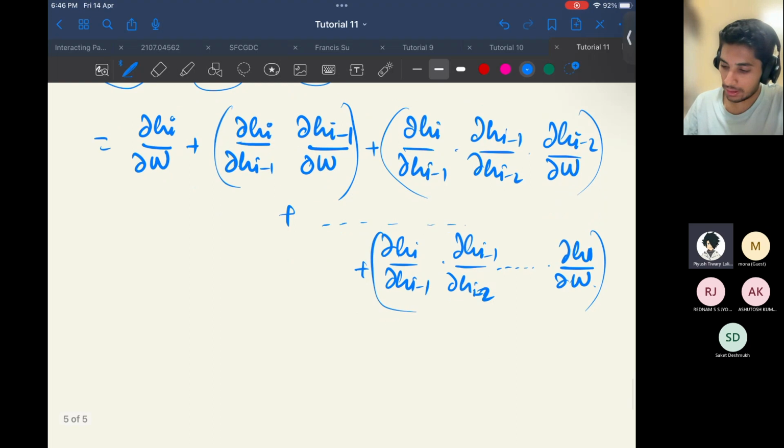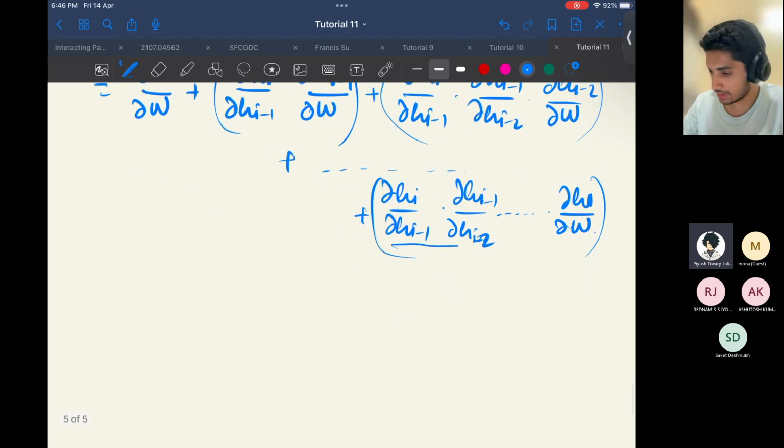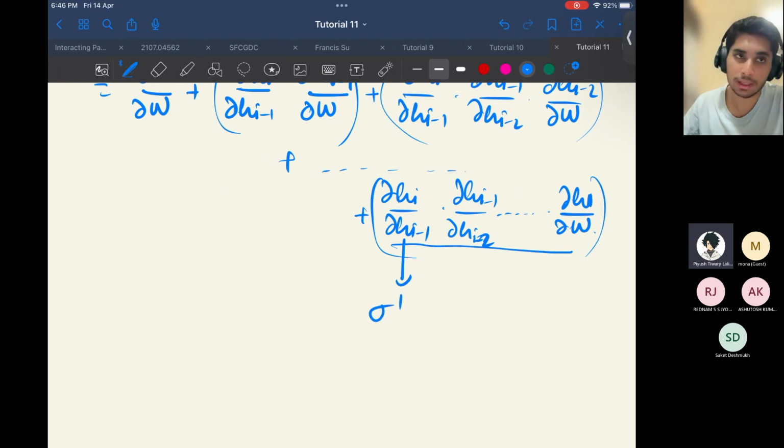Okay, now look at this thing. This is something which worries us. Why? Because each of these terms will be like sigma dash, the differentiation of some activation function.